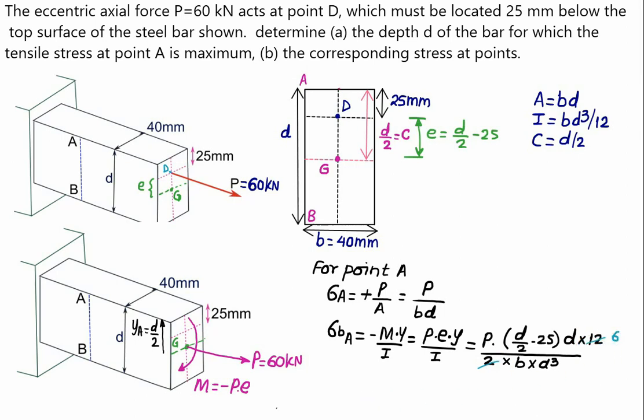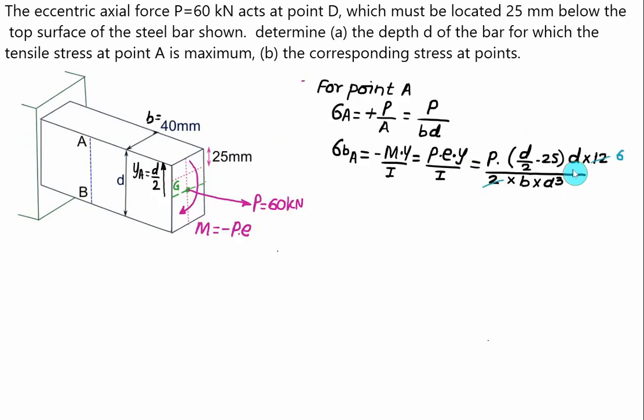So finally we are getting here the bending stress at point A is equal to positive 6 times of P multiplied by (d by 2 minus 25) divided by bd cube. Here d is present in the numerator and we have d cube, so this term is cancelled and we are left here with d square.